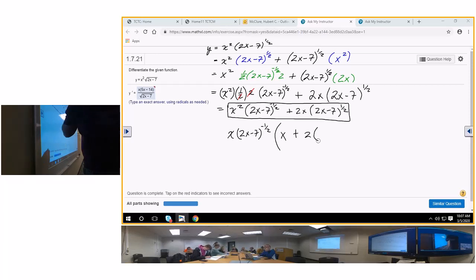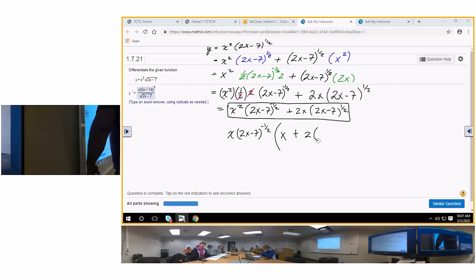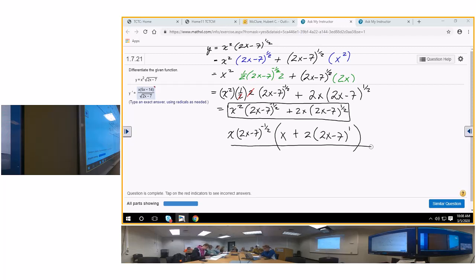Well, that's 1/2 minus a negative 1/2, which is what? It should be, no. If you're dividing, that's quotient rule. 1/2 minus a negative 1/2 is 1/2 plus 1/2, which is 2 halves, which is what? 2x minus 7 to the first power over. Oh, there's no denominator. I'm sorry.